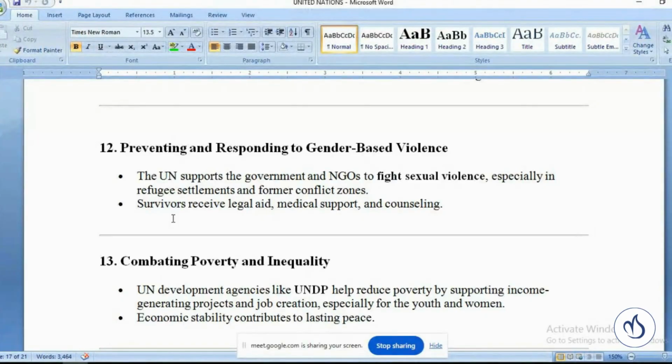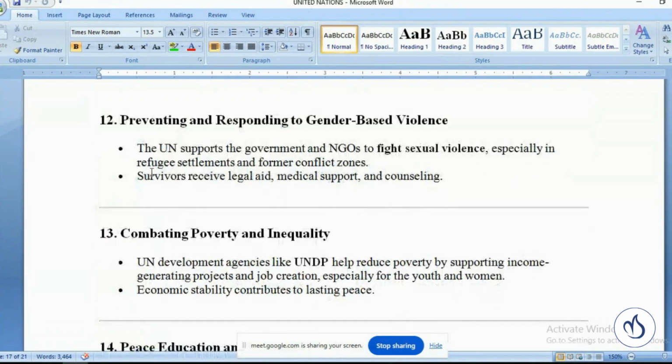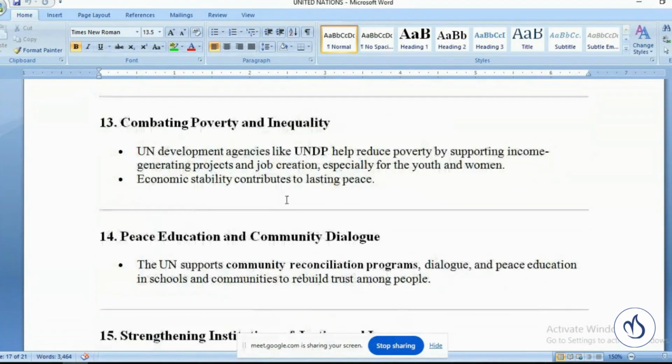So the UN supports the government to fight sexual violence, especially in refugee settlements and former conflict zones. Because some people will look at them as if they have nothing to do. Since I'm a soldier, I'm also fighting. Let me rape you and I go. So the UN will always fight that. Survivors also receive legal aid, medicine, and counseling.